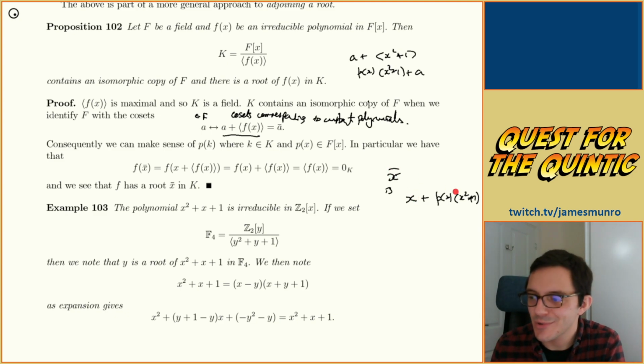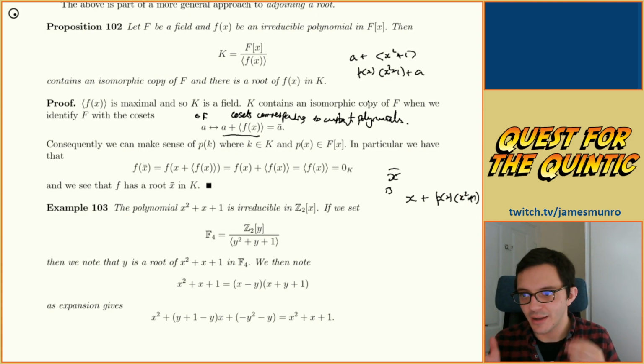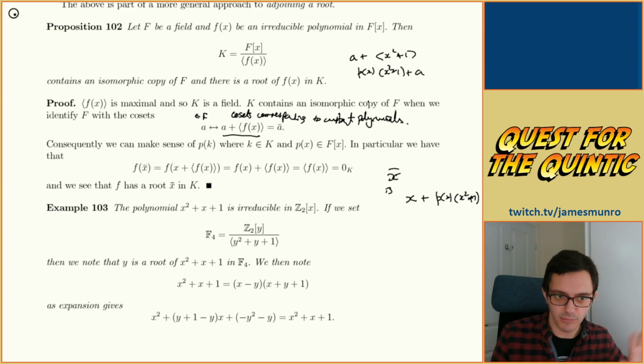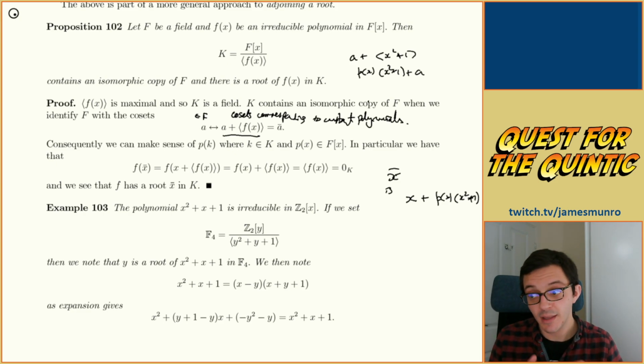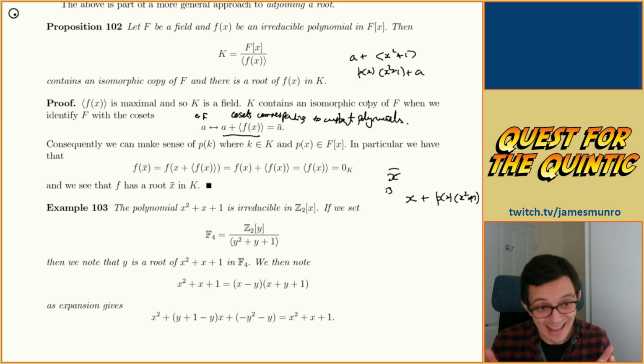Wait. So if I had x squared plus 1, then after kind of dividing, I'm left with this new field which contains constants, fine, they look like the reals or whatever they were before, plus x, kind of the solution to my polynomial, things that look like x. The root is x.